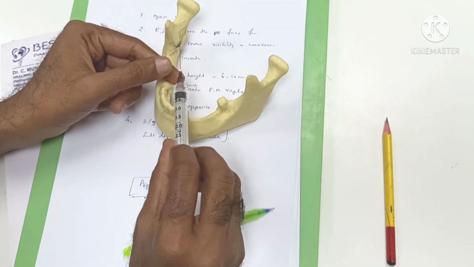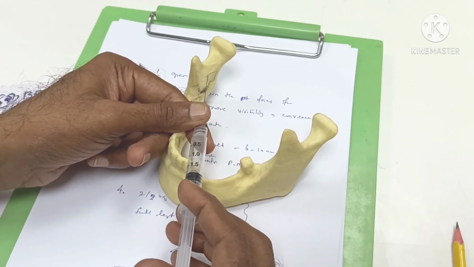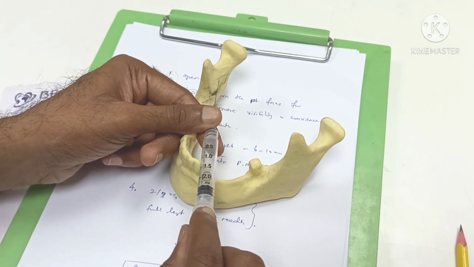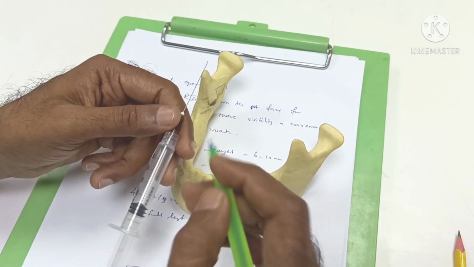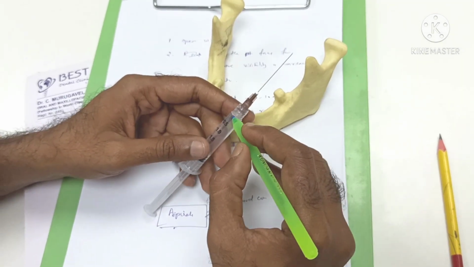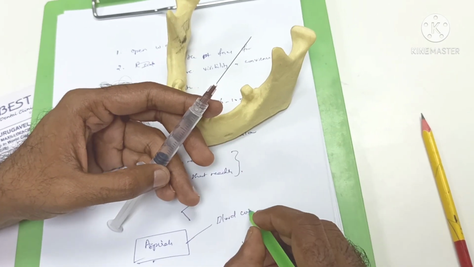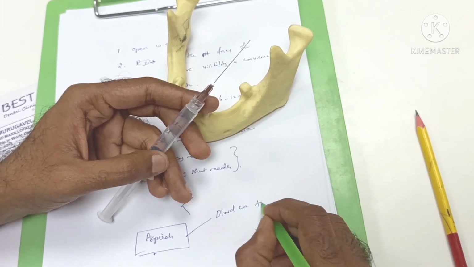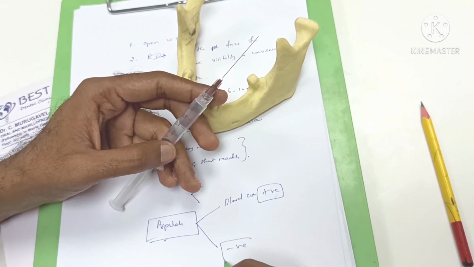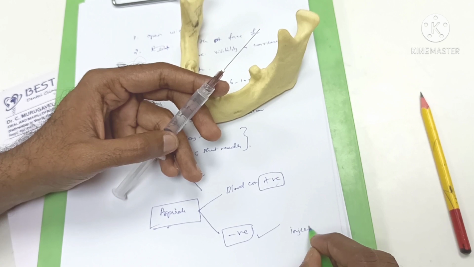Aspiration is nothing but, before you inject the solution, you pull the plunger a little backwards. If blood comes into the syringe, this is called positive aspiration. If no blood comes, it is called negative aspiration. If negative aspiration comes, it is good, then inject the solution.